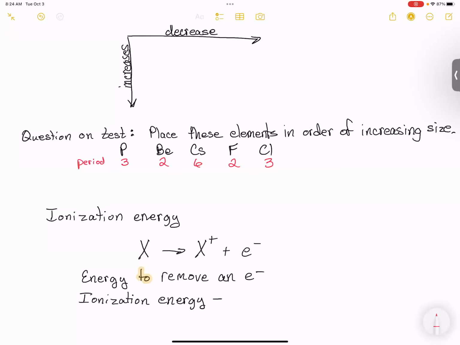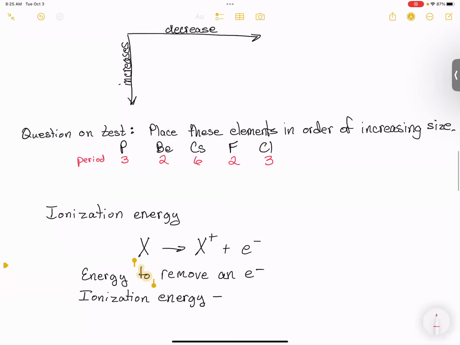It's like a higher period, then it'll increase. Right. The shielding caused by the addition of shells has a greater impact on atomic size than does Z effective.